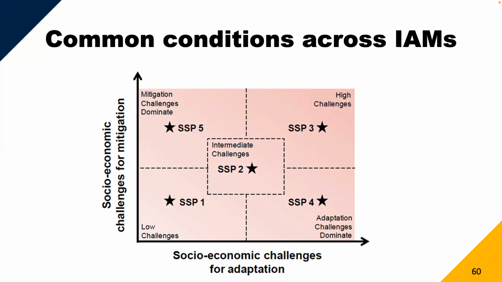This talks about socioeconomic challenges for mitigation and socioeconomic challenges for adaptation. Does everyone know what the difference between mitigation and adaptation is? Can anyone help me out here? Yeah, so mitigation.